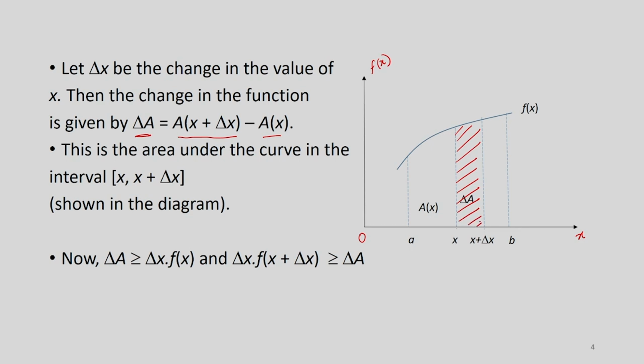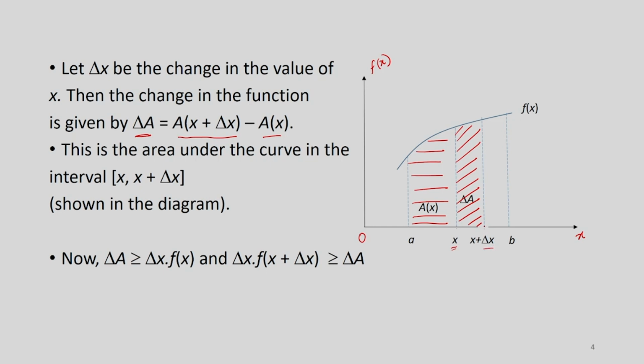Okay. Just to clarify, we started with this x point, and we know A of x is this area. Let us use a different shade. This is A of x. All right. Now suppose x rises by how much? By delta x.